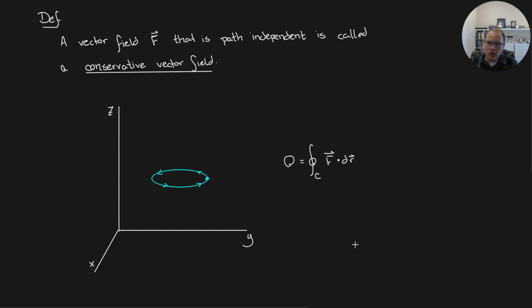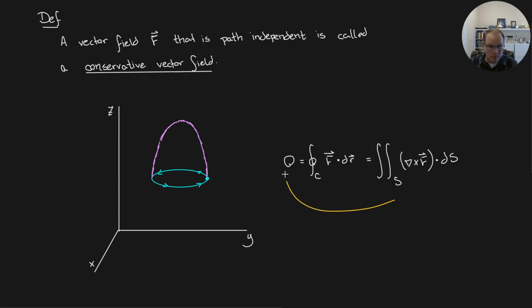Okay? But using Stokes' theorem, I know that this will also be equal to the surface integral of the curl of F over any surface with this path as the boundary of the surface. By Stokes' theorem, these two are equal, right?